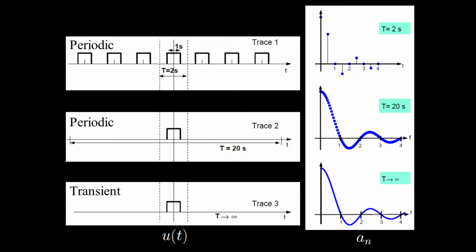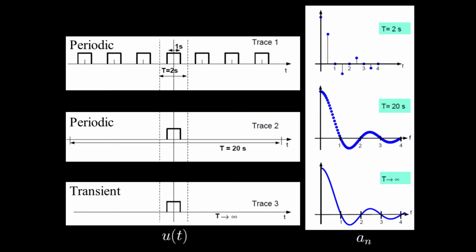The Fourier representations of traces 1 and 2 are shown on your right. As the basic period increases, the spectrum contains more and more frequencies with less and less amplitude. However, at the frequencies common to the two cases, the amplitude per fundamental frequency, or amplitude times period, remains constant, independent of the period.